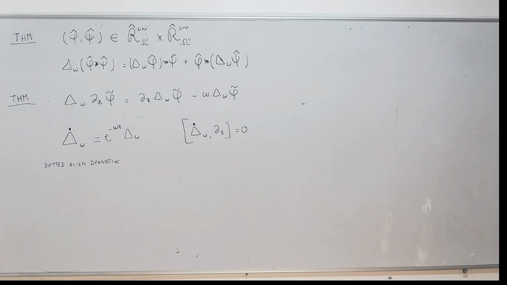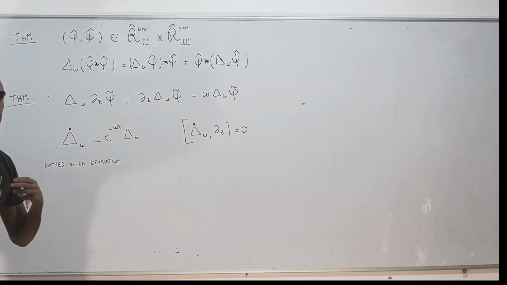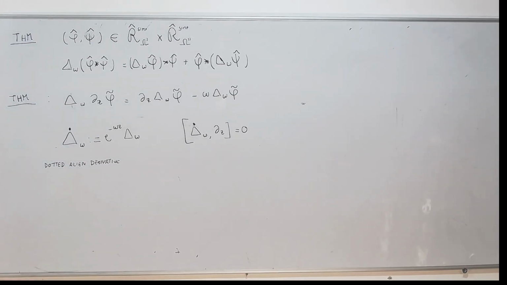Okay, so another little comment I would like to make is that, in fact, if one wants to do things rigorously, and that's what, for example, Suzanne does in his book, we would define the Stokes automorphism in terms of the alien derivative.